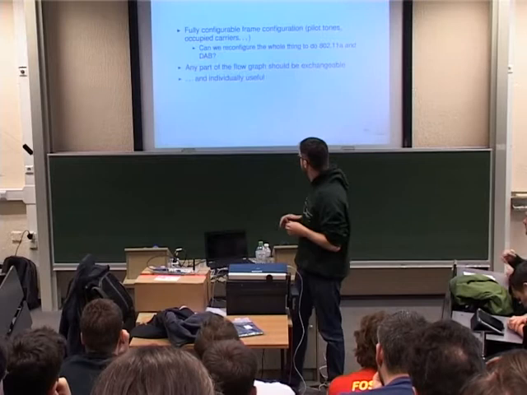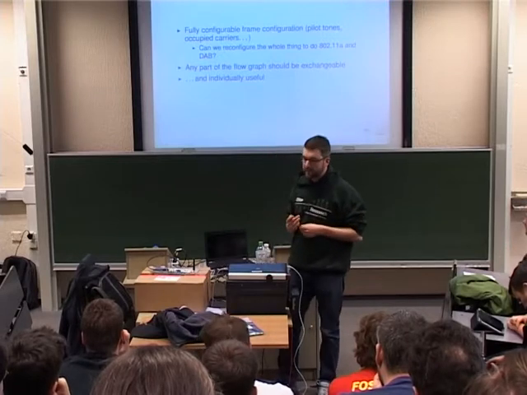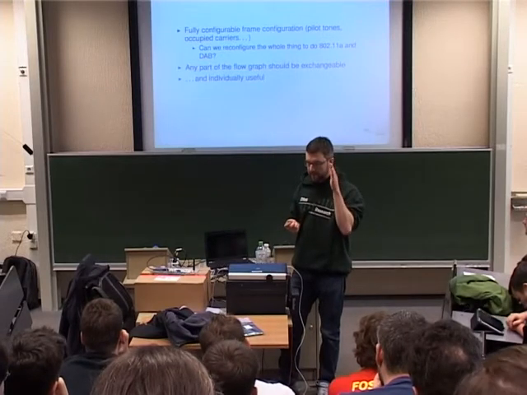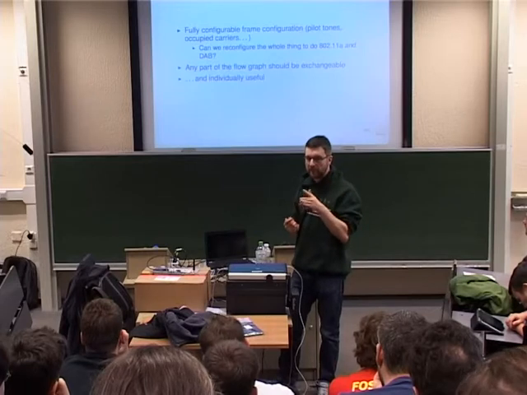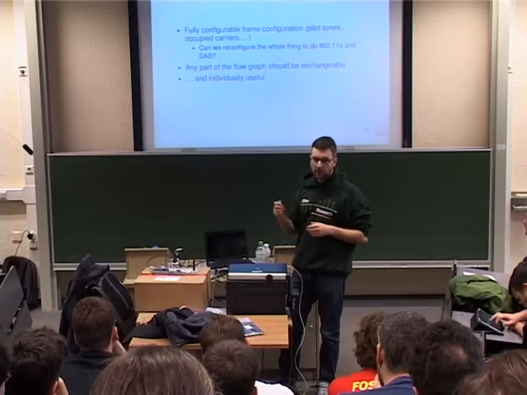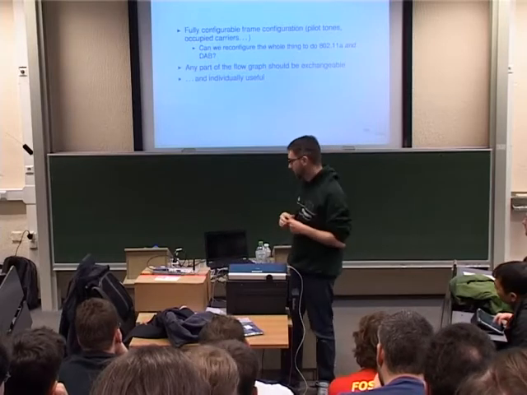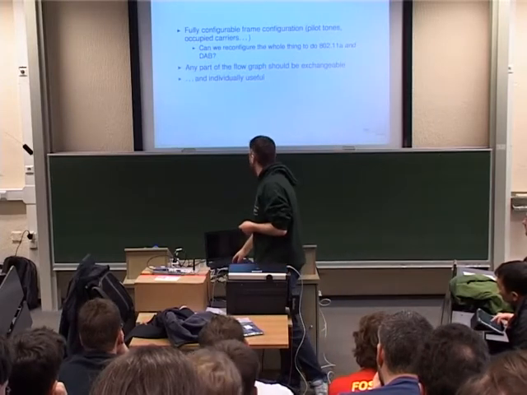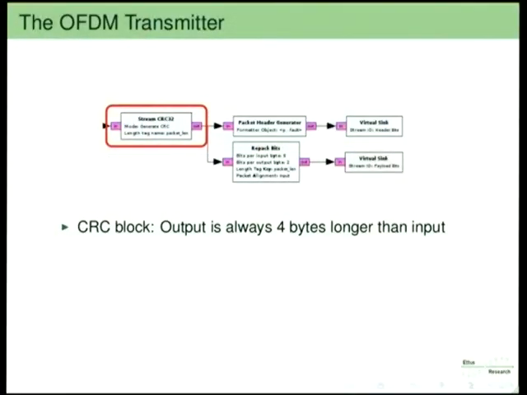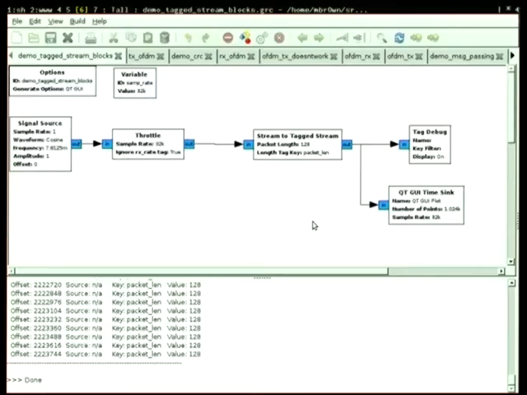So this is the idea. And there should be sensible boundaries between logical processing steps, so you can add your visualization and instrumentation steps anywhere in the flow graph and debug graphically, what Tom talked about earlier. So let's have a look at the transmitter. The transmitter is available as an example in GNU Radio Companion.